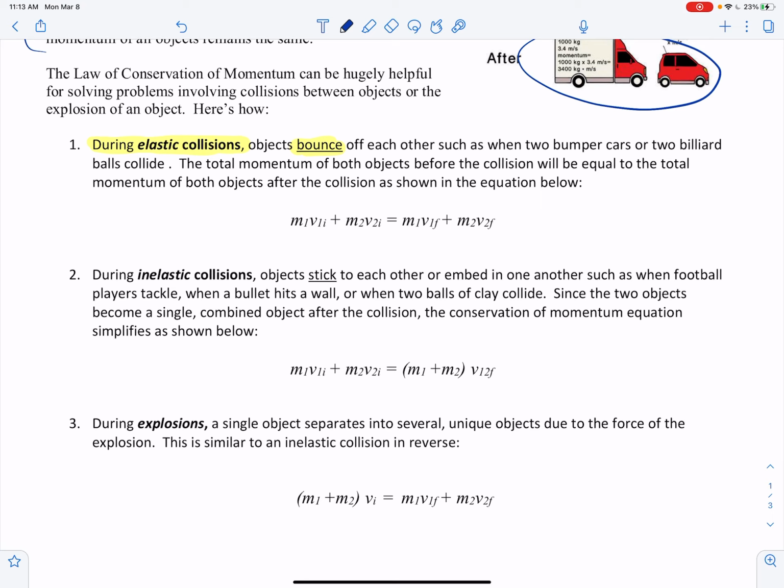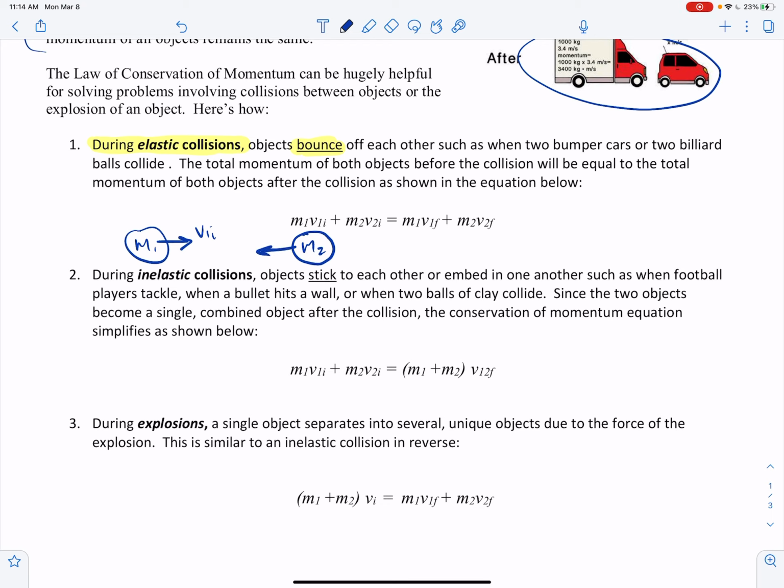Let's draw this out. Here's maybe the mass of the first object, and let's say it's moving this way with some initial velocity that I'll call V1 initial. And let's say there's a second object over here, which I'll call mass 2, and it's maybe moving the other direction.